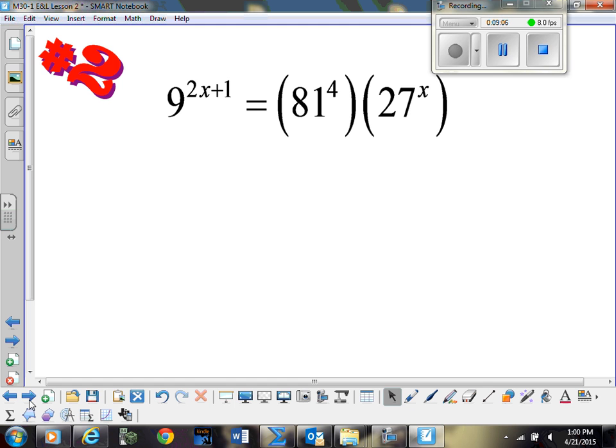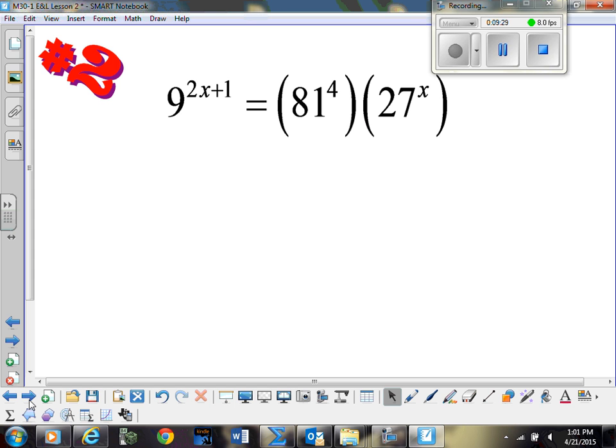Let's do this one. Obviously, a little more challenge here. We don't have a common base, but hopefully you recognize 9, 81, and 27. You won't get examples that have really large bases. So you'll be seeing examples base 2, base 3, base 4, base 5, possibly a little higher, but most of them are just those bases.